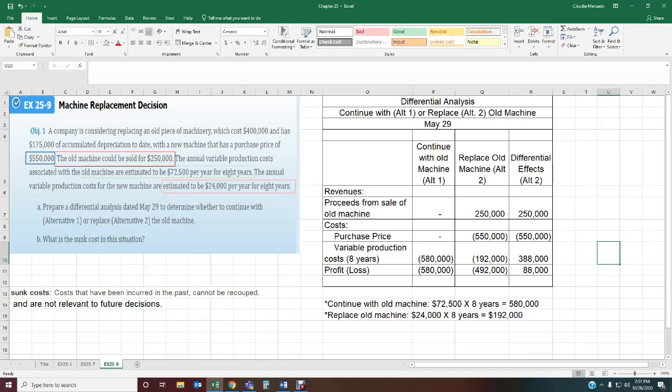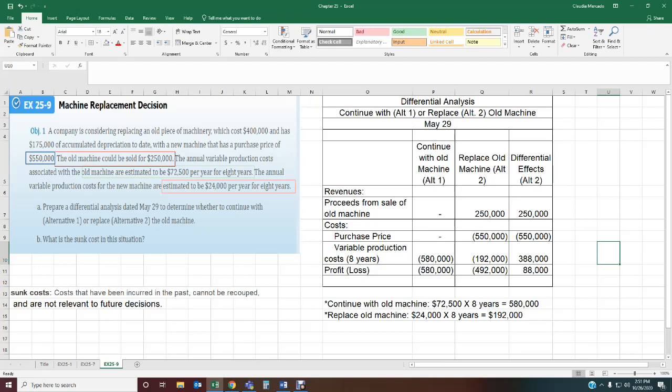So here what we're looking at is which option is going to give me the less cost. Okay, so I'm going to have a loss regardless. Okay, but the one that's going to give me the lowest amount of loss is going to be to replace the old machine. Okay, that's a better option. I'll be losing or spending $492,000.